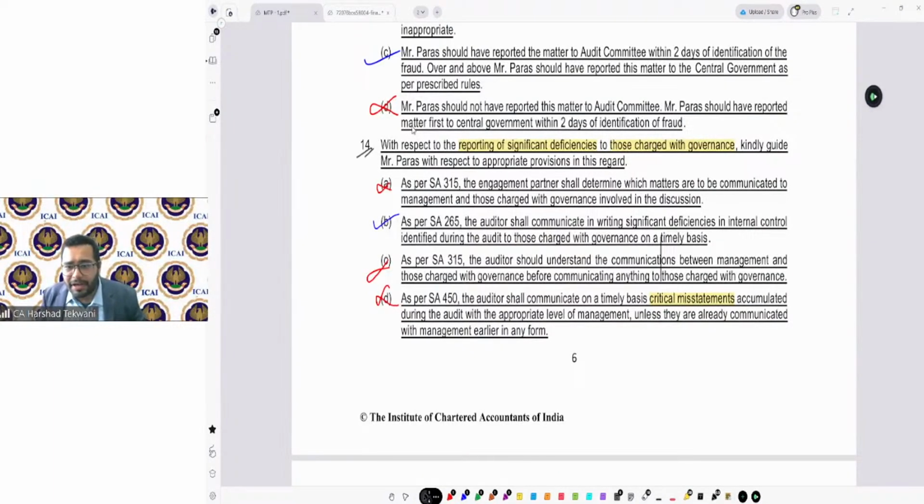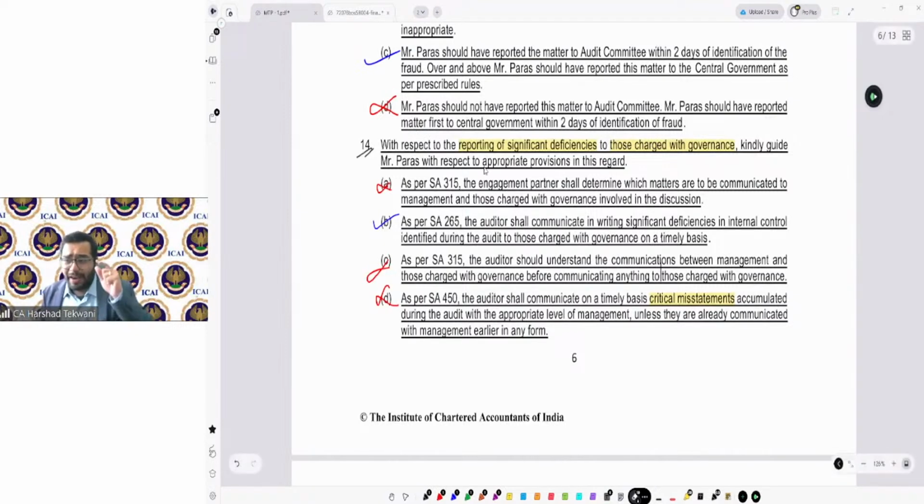Here it is something related to critical misstatement accumulated during the audit. I can just say that this is not relevant. This option is not appropriate with respect to the current scenario.